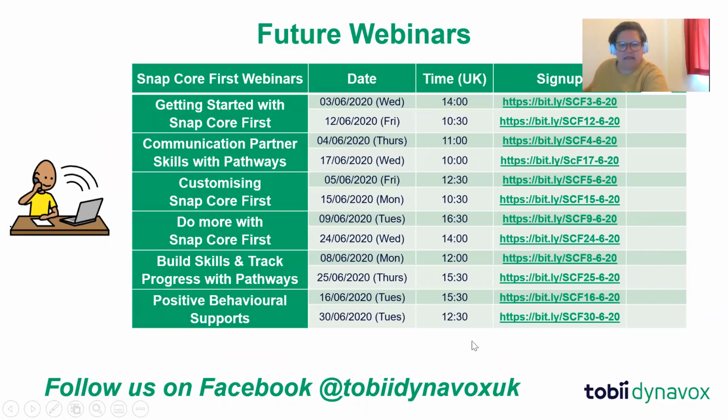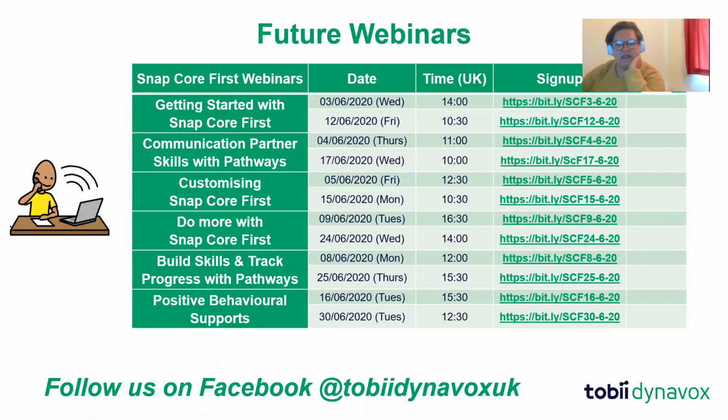Just before we get started, there are a lot of familiar names on here, so I think a few of you have already attended some of these sessions. But just to bring you up to date, we're running this series of modules around Snap Core First throughout June. Today we're doing Do More with Snap Core First, and previously I've run 3 more modules before that.